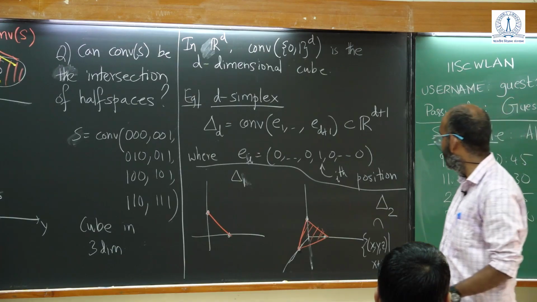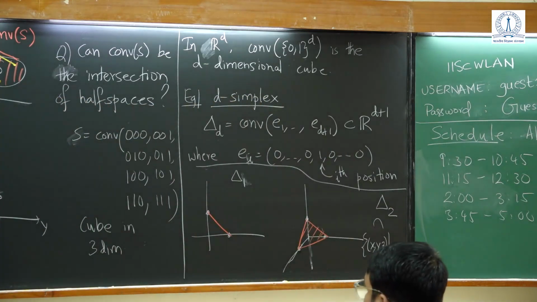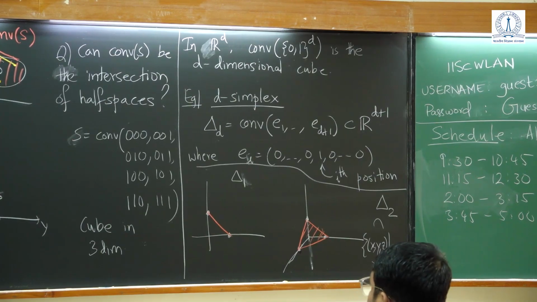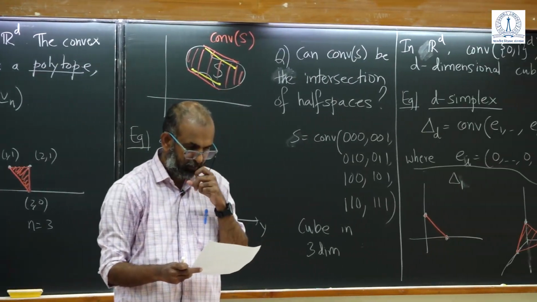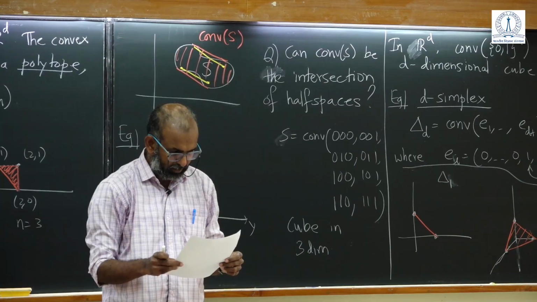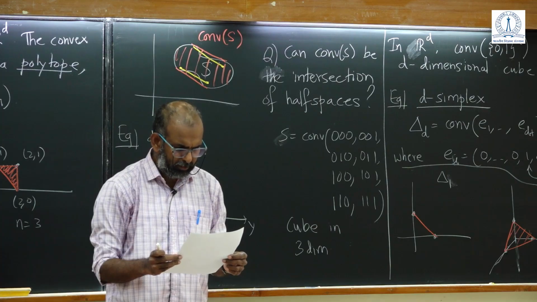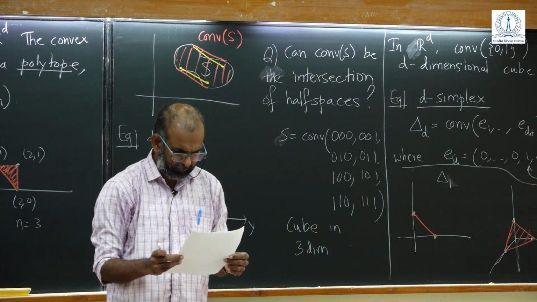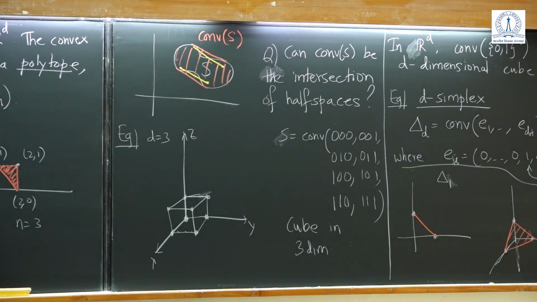Okay, let me just formally define it then. Yeah, so the affine hull is defined, and the dimension is the dimension of the affine hull.